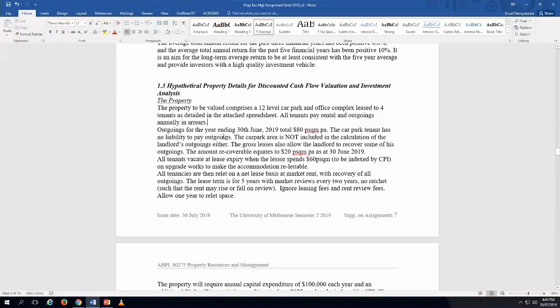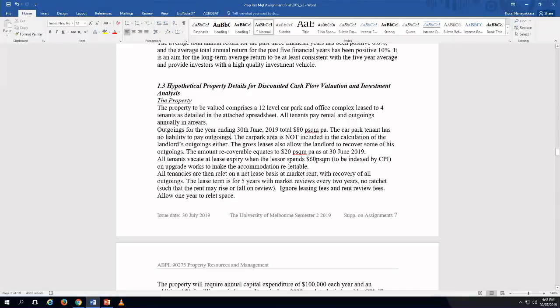Outgoings for the year ending 30th June 2019 total $80 per square meter per annum. That's the outgoings for the year ending 30th June 2019, $80 per square meter per annum. The car park tenant has no liability to pay outgoings.